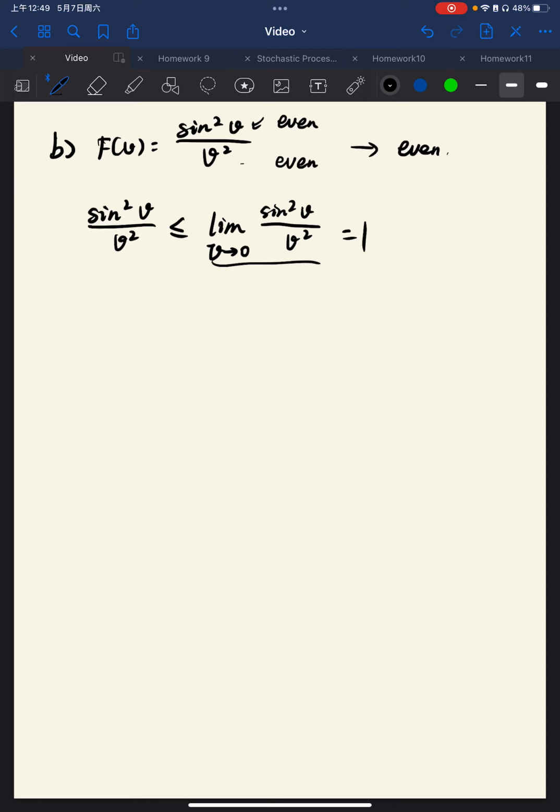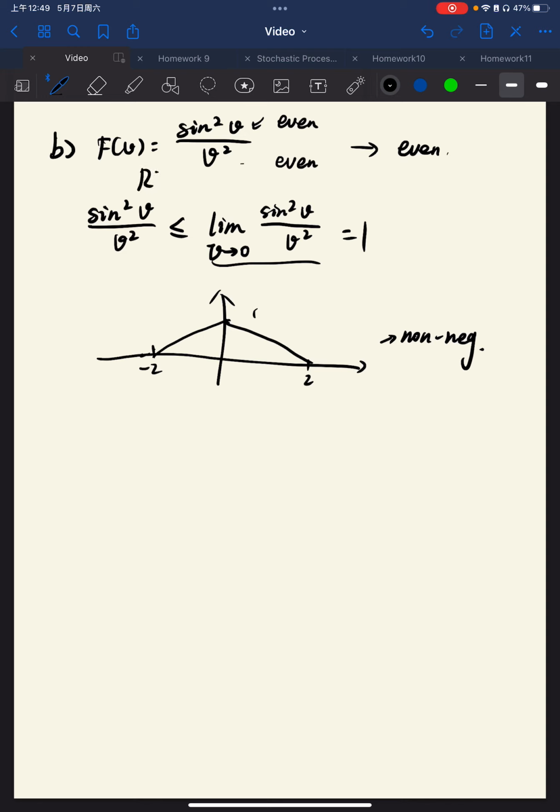And its Fourier transform can be represented as this shape. We can see that all the part is larger than 0, so it is non-negative. And this part represents that the value is less than or equal to the value at 0.